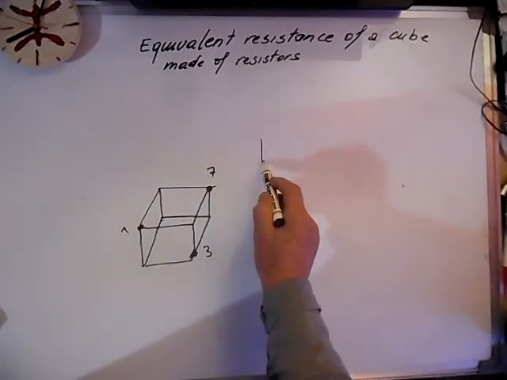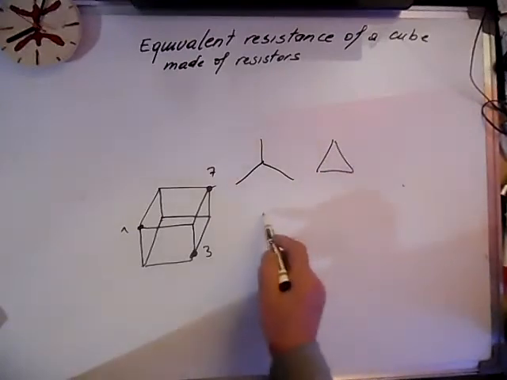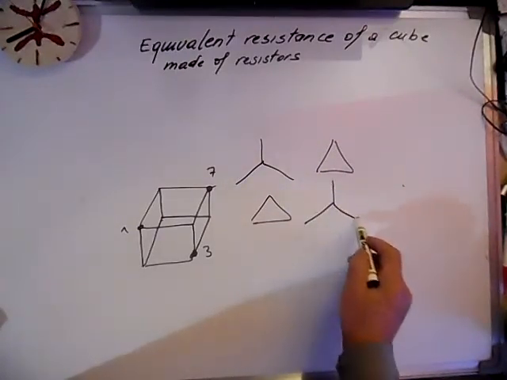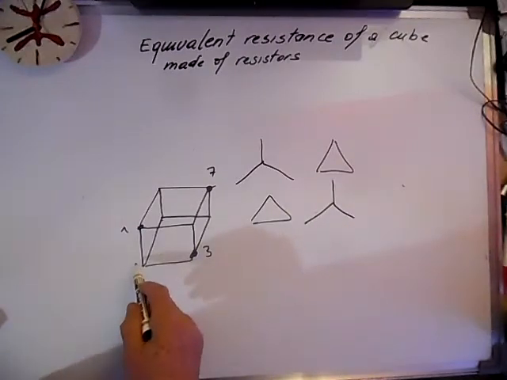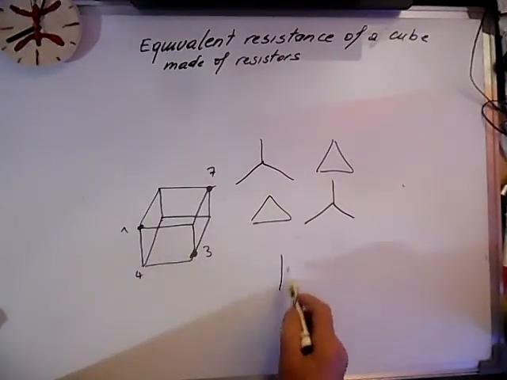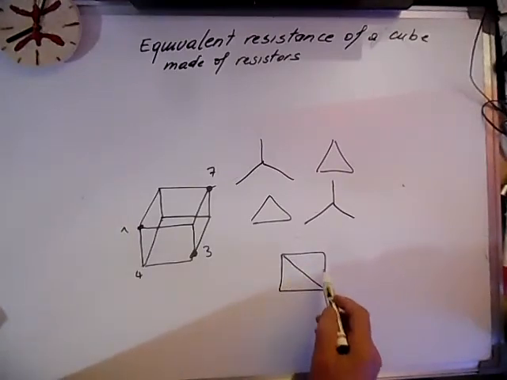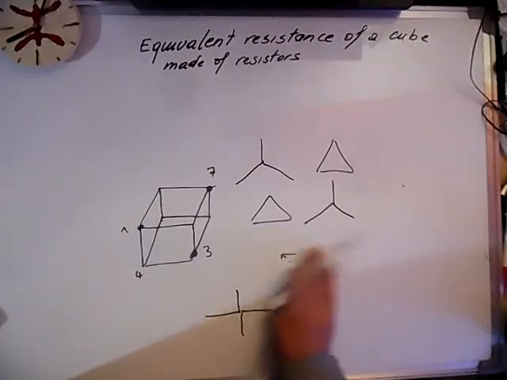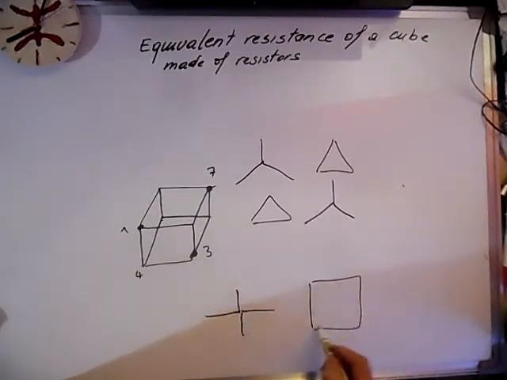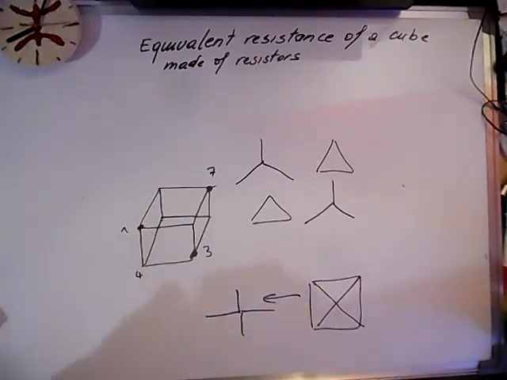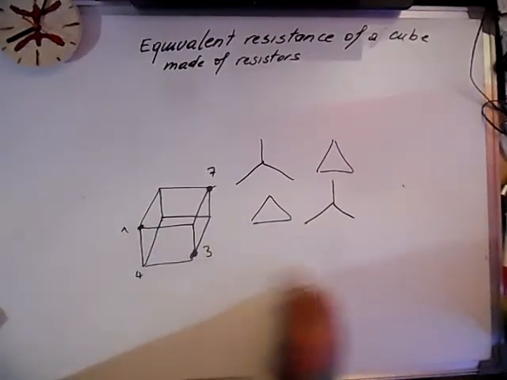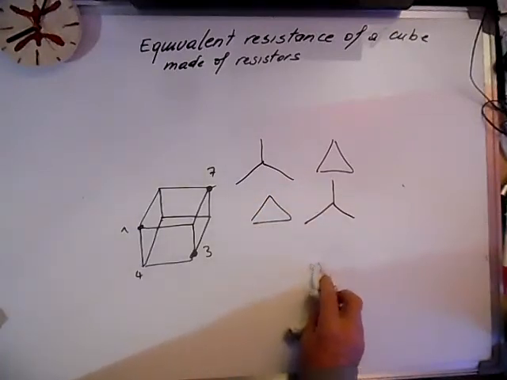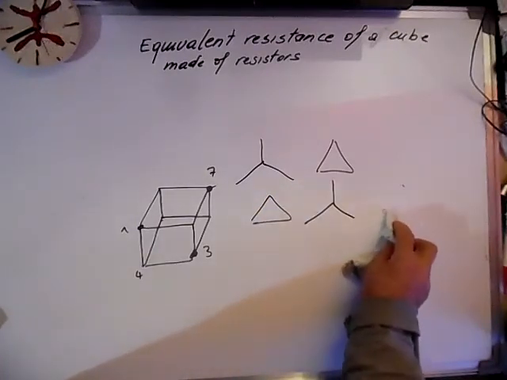We know star delta transformation or delta star transformation, but from 4 to 7 we need another transformation which looks like this, and we need to transform this one, which looks like this, to this one. It's possible, and I will do it next time. But for the moment, you have to remember only star delta transformation.